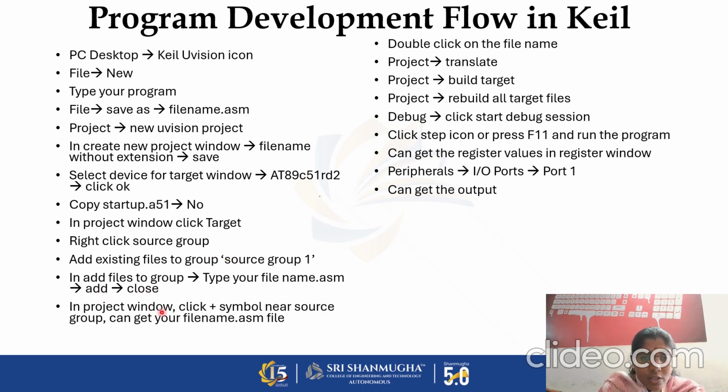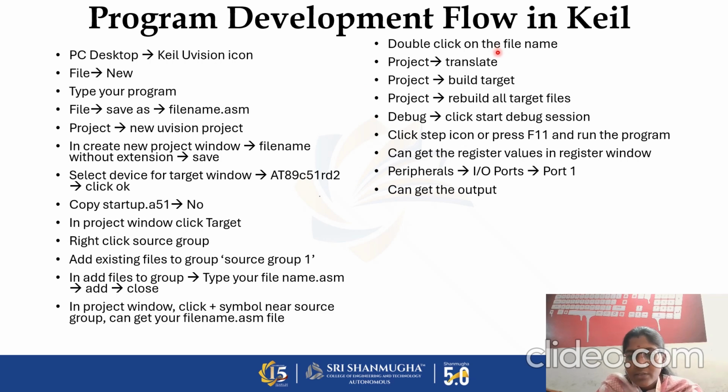In the project window, click the plus symbol near your source group, and you can get the file you saved earlier. Double click on the file name, and now you can see the file.